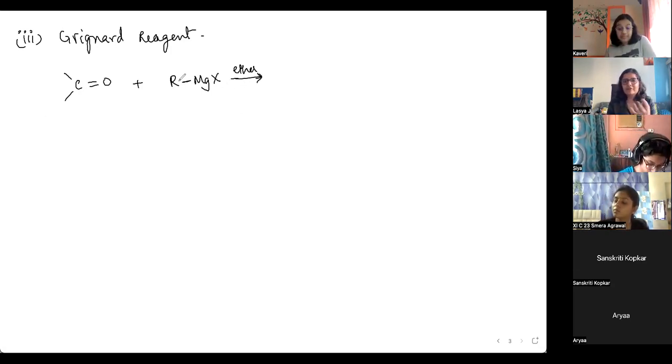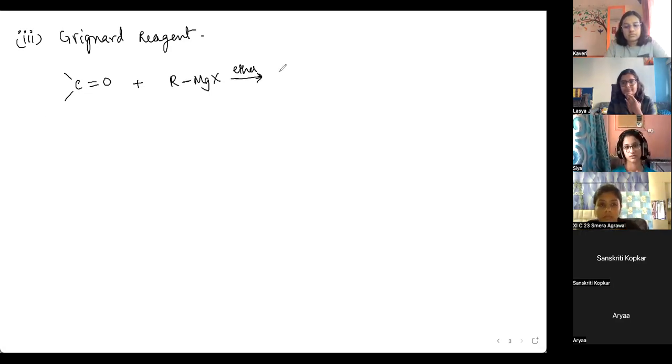Okay, so here what will be the intermediate? C. Yeah. What's attached to oxygen? MgX. MgX. Yeah, and the hydrocarbon bit gets attached to carbon.